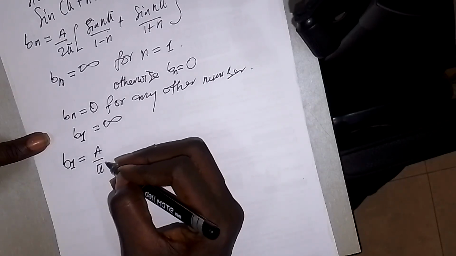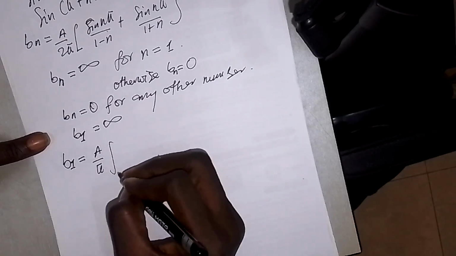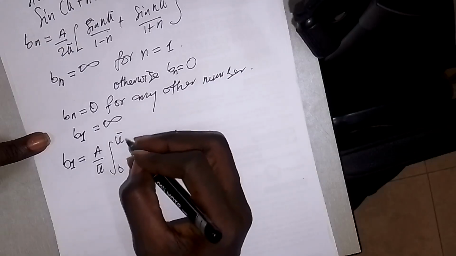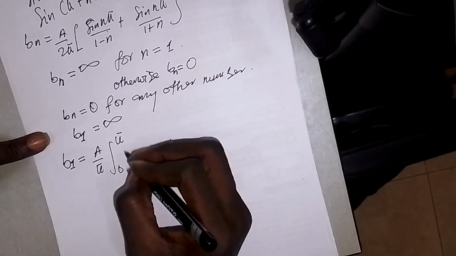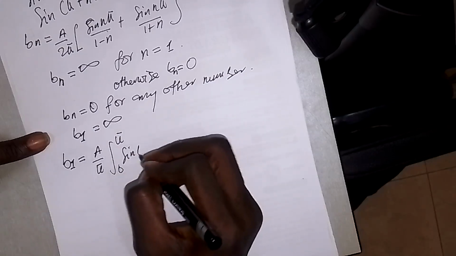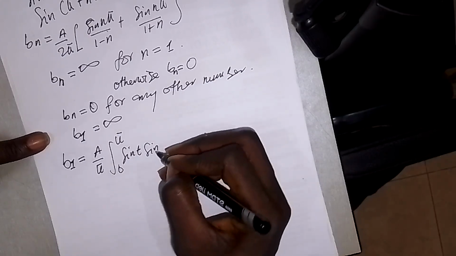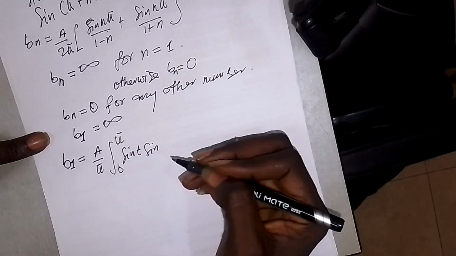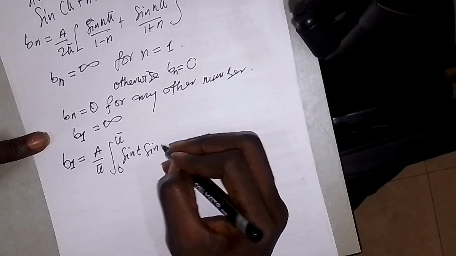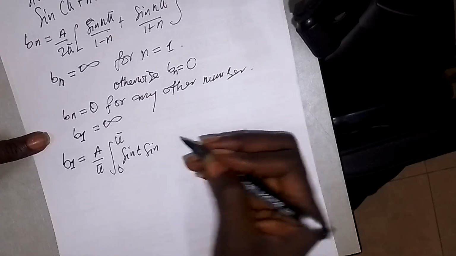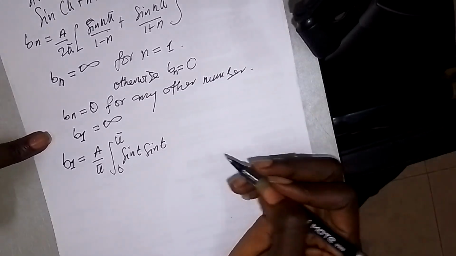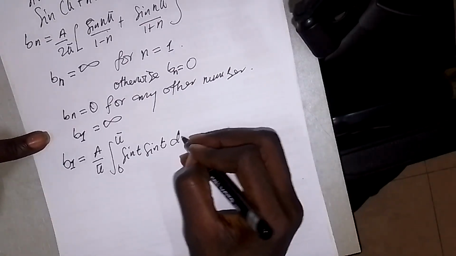A over pi into the integral from 0 to pi. I'll go back to the original equation, sine t into sine nt, but here n is 1, so sine t dt.